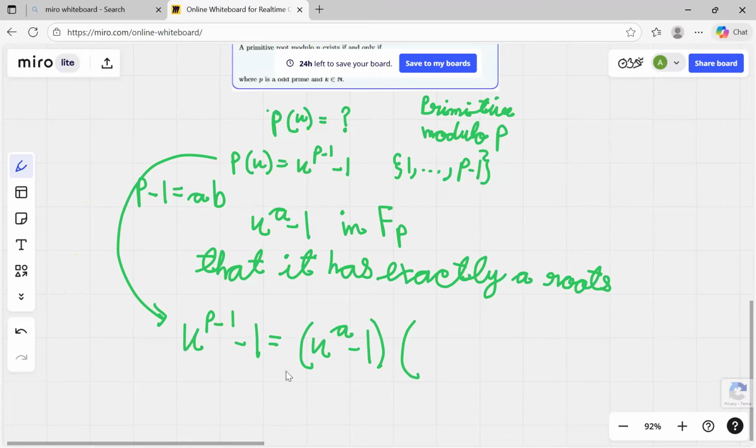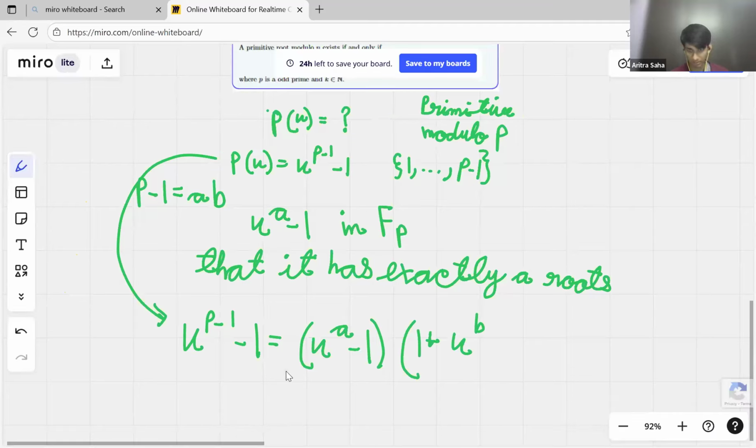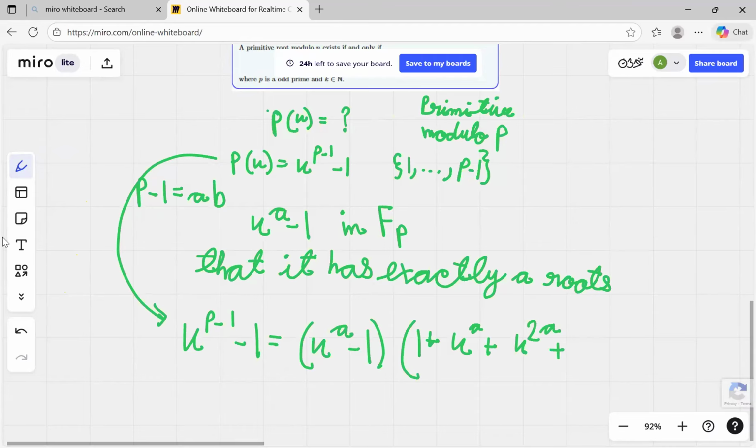Let me think once: 1 plus x to the power A plus x to the power 2A and so on.